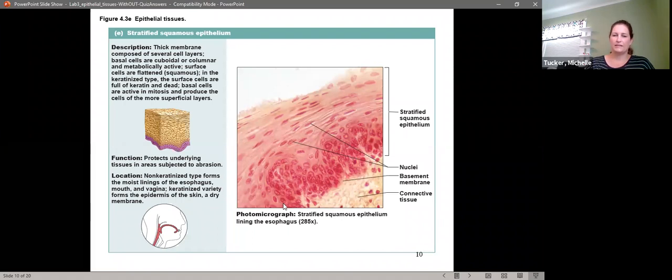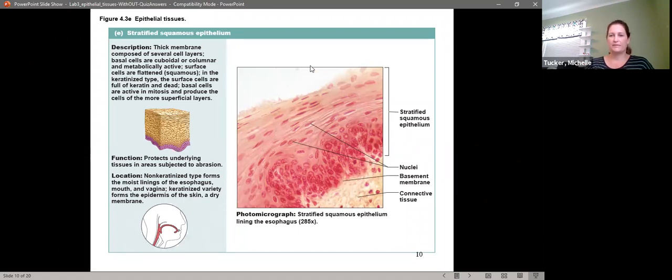As we get new layers, they push upward, and as they get further and further away from the blood vessels down here in the dermis and the connective tissue, they will start to die. And that's where we start to see this flattening of these nuclei, that some of them will start to disintegrate, and then this layer will start to slough off.